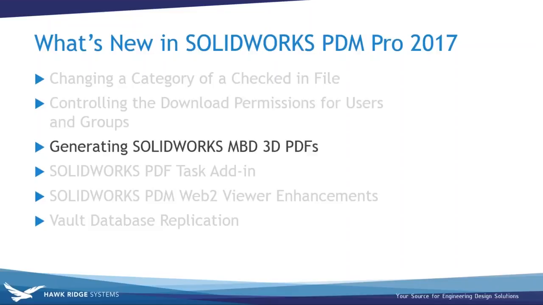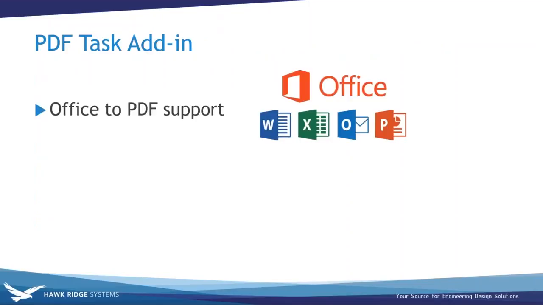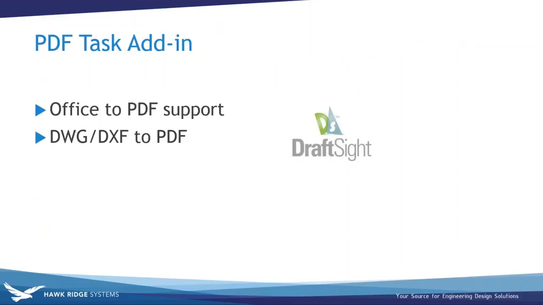You can also generate 3D PDFs using SOLIDWORKS MBD, and that's a new enhancement that was added with 2017. The SOLIDWORKS PDF task add-in has been updated, so now there's official support to be able to create PDFs from Microsoft Office documents. And if you want to create a PDF from DWG or DXF files, you can automate that within SOLIDWORKS PDM Professional.